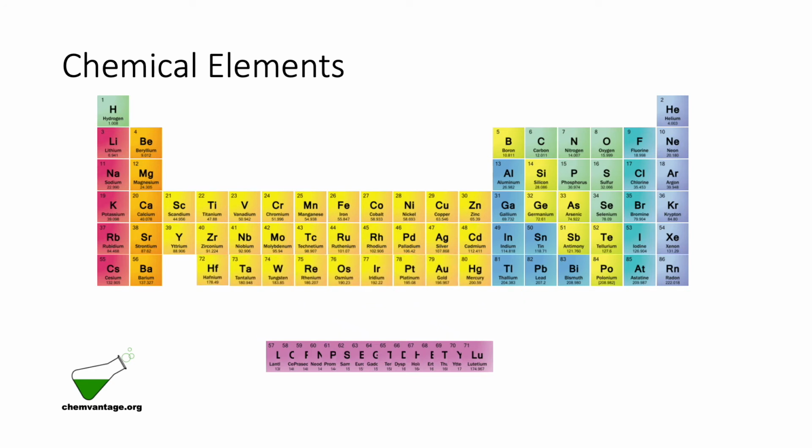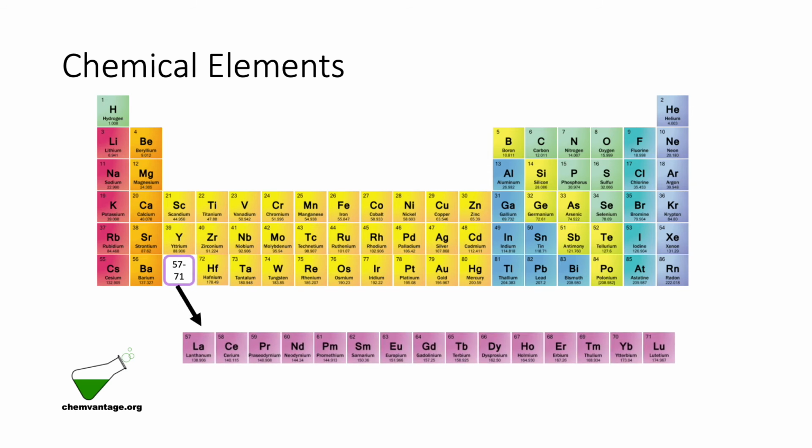But we're left over with 15 elements to fit into one space, so we need yet another break in the table. Now, our table is getting pretty wide with all these breaks, so for convenience of presentation, we'll just include the 15 elements in a separate row below our table. And we'll include a placeholder that points to this extra row containing elements 57 through 71.